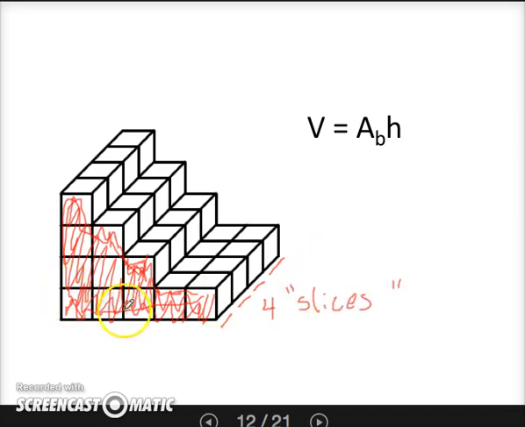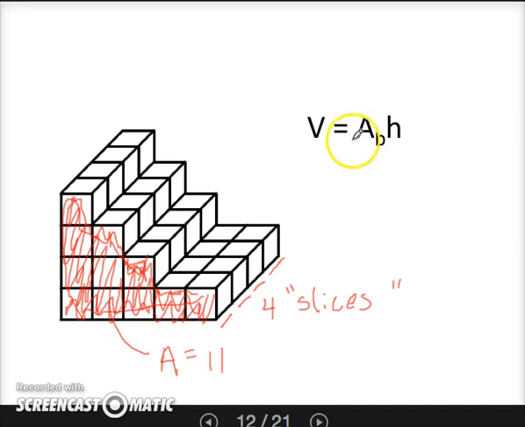And each slice would have an area of, let's see, 1, 2, 3, 4, 5, 6, 7, 8, 9, 10, 11 square units. So 11 square units per slice here, and then we have 4 slices deep.